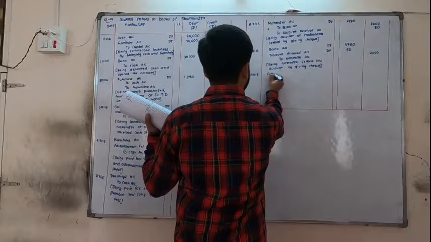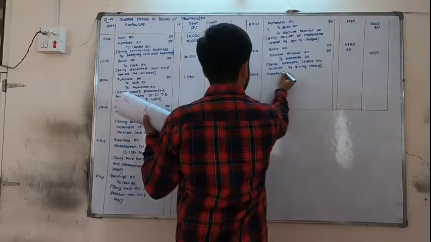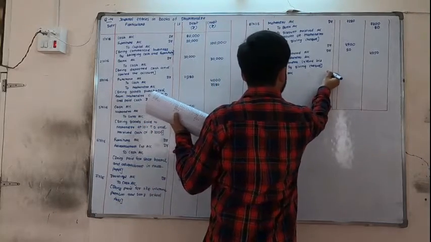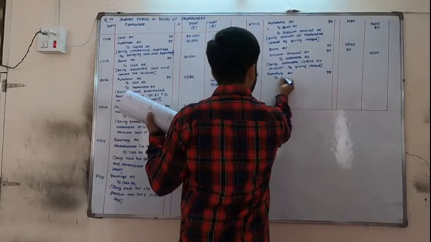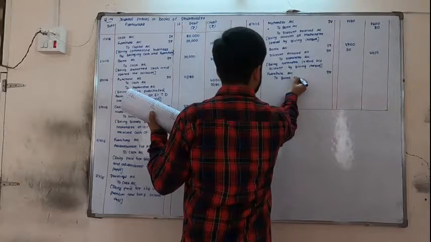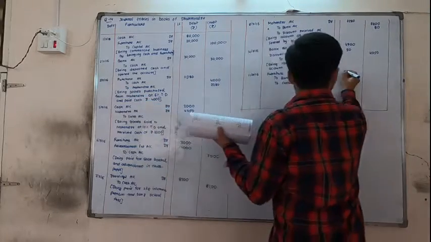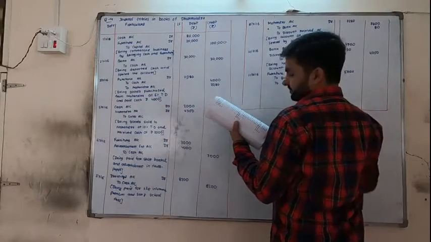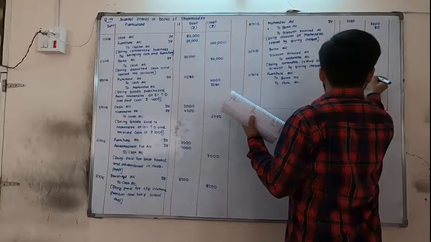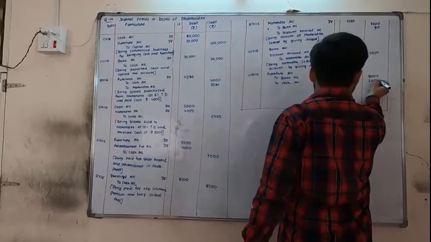So furniture account debit to bank account to cash. Furniture 5000, 3000 by check, 2000 by cash.